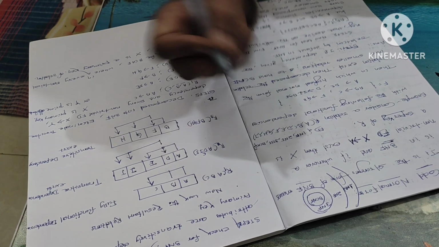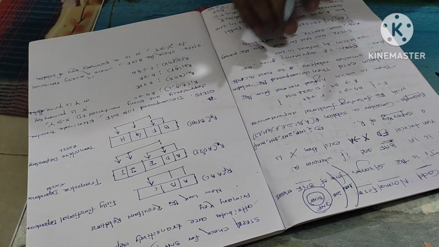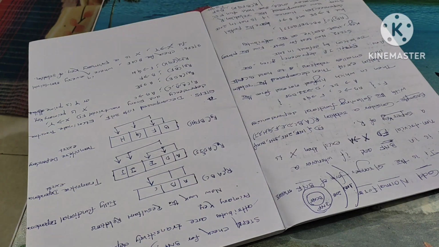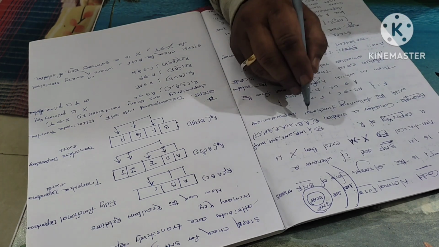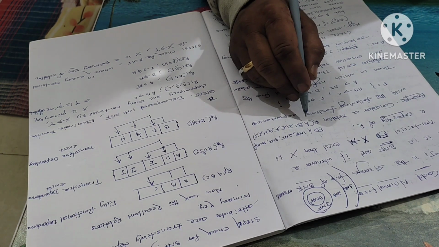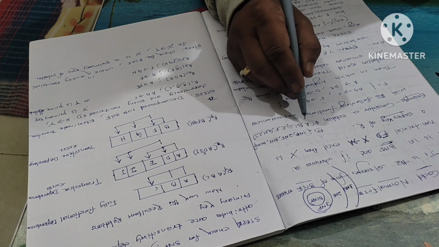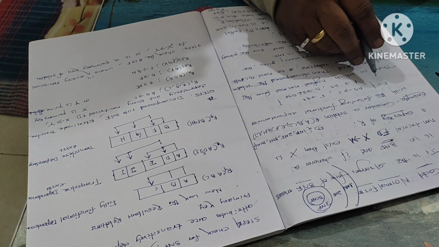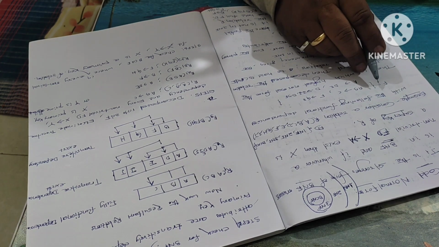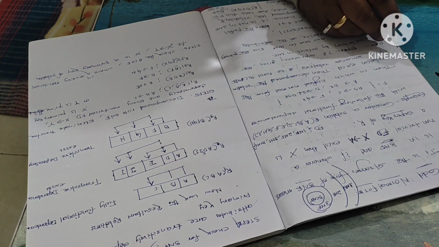Right now let us take one example. Consider a relation with 10 attributes: A, B, C, D, E, F, G, H, I, J, with the following functional dependencies.